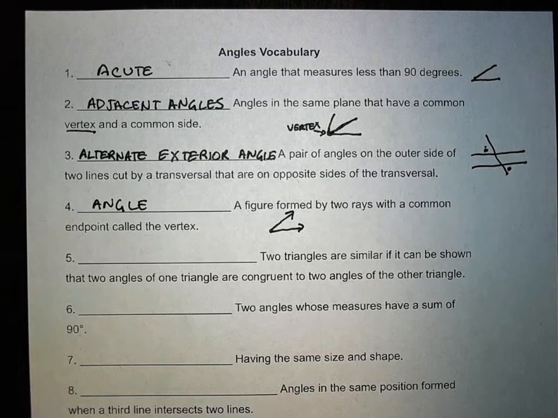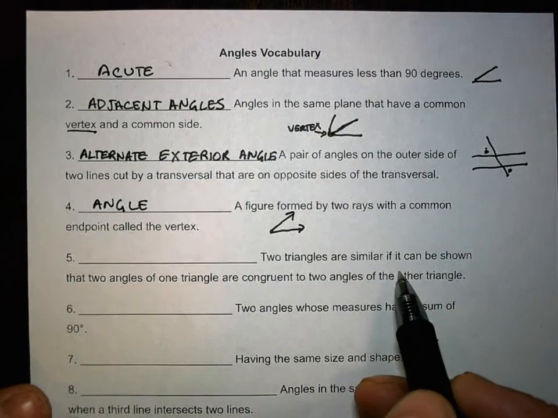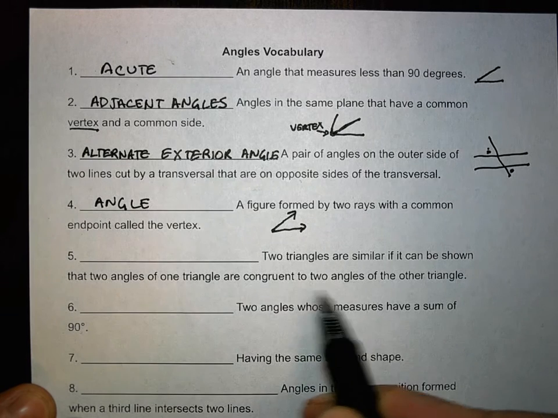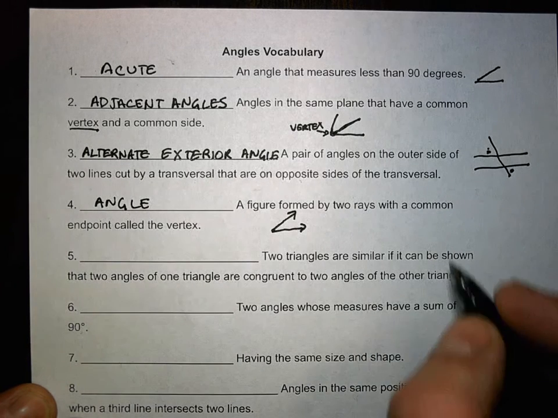Okay. Two triangles that are similar. Two triangles are similar if it can be shown that two angles of one triangle are congruent to two angles of the other triangle. So this one's saying this.